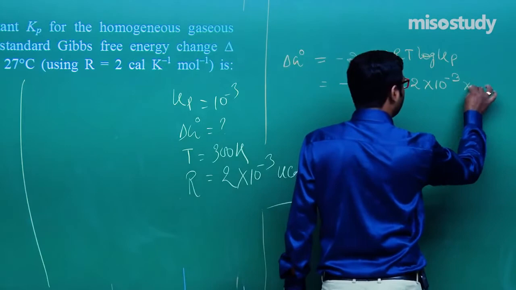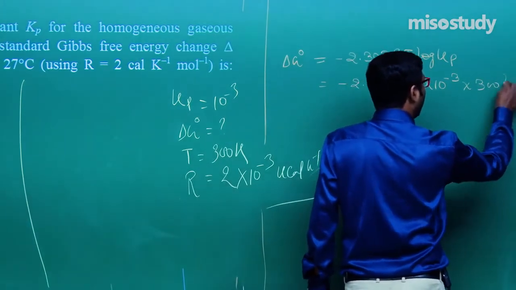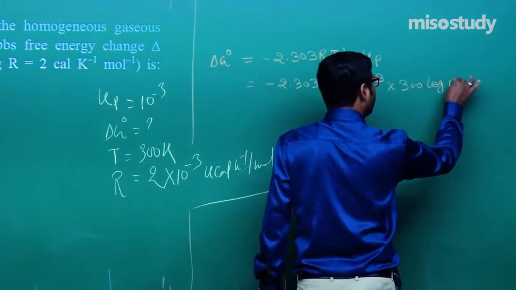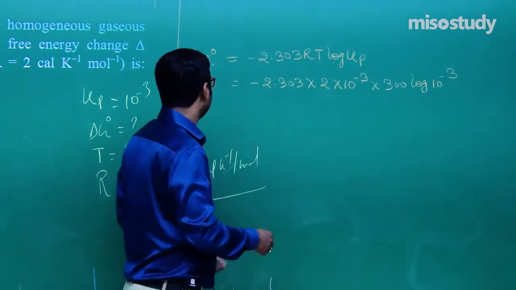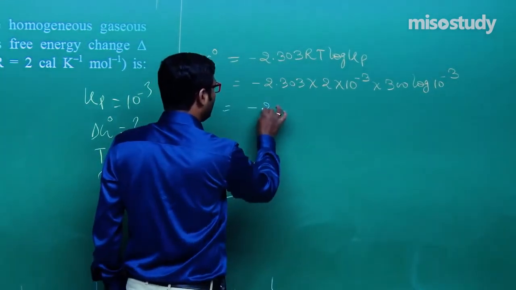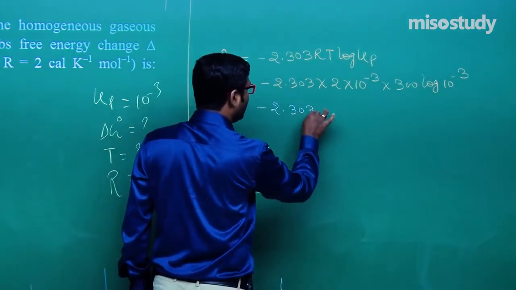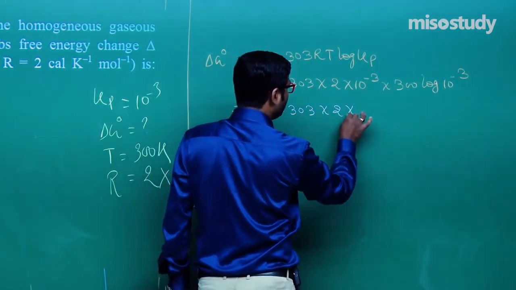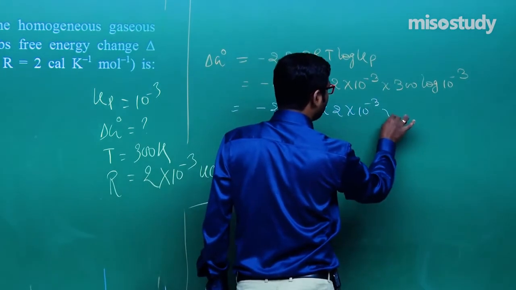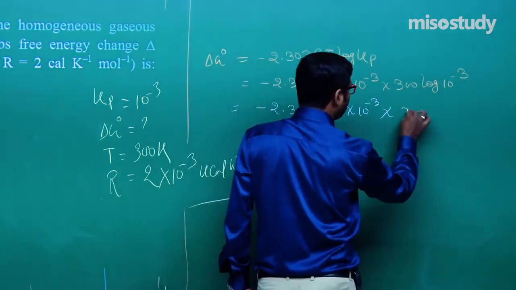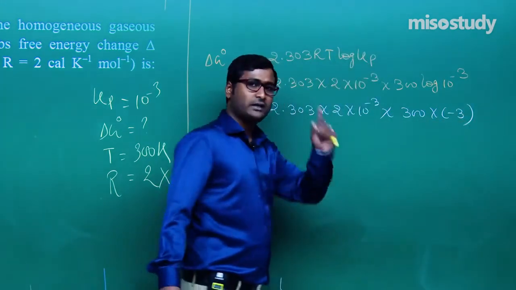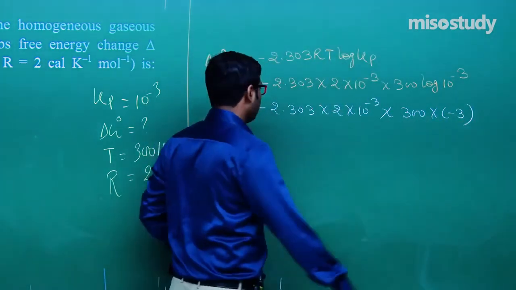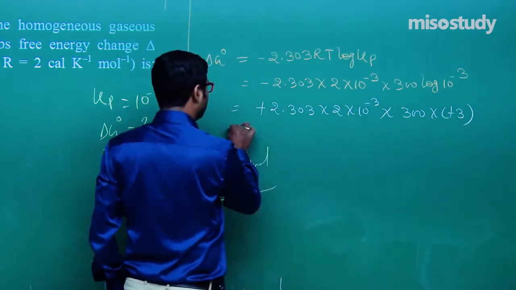Clear? What is the temperature? 300, and log Kp, 10 to the power minus 3. Clear? Now what will happen? 2.303 into 2 into 10 to the power minus 3 multiplied by 300 into minus 3. Log 10 is equal to 1. This is the log. Now this one cancels this one.